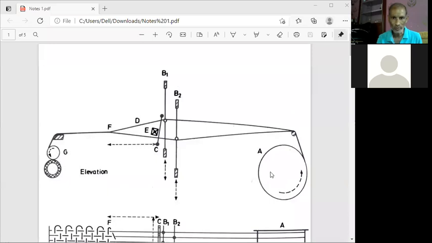So here is the weaver's beam, consisting of thousands of warp threads, and here is the cloth roller on which the cloth made by weaving is wound. This is the final product, the delivery material, and this is the supply material. Supply is the warp, final is the cloth or fabric, woven fabric.